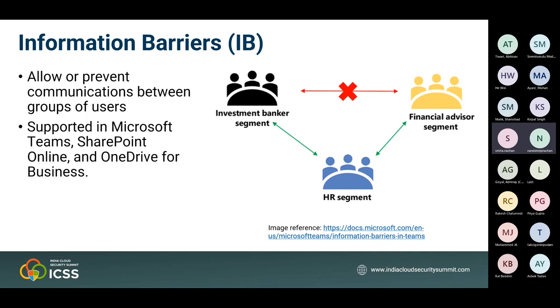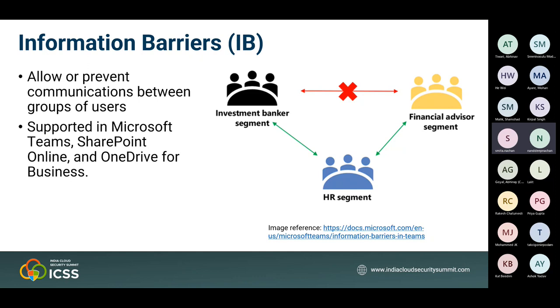So for all of these examples and scenarios, and there are many more also, the information barrier policies can be defined to prevent or allow the communication and collaboration in Microsoft Teams, SharePoint, and OneDrive. Such policies can prevent people from calling or chatting with those they should not, or enable people to communicate only with specific groups in Microsoft Teams.